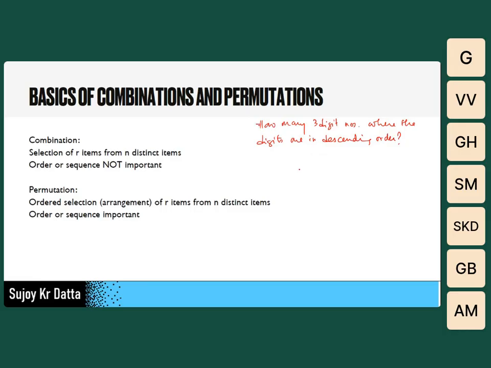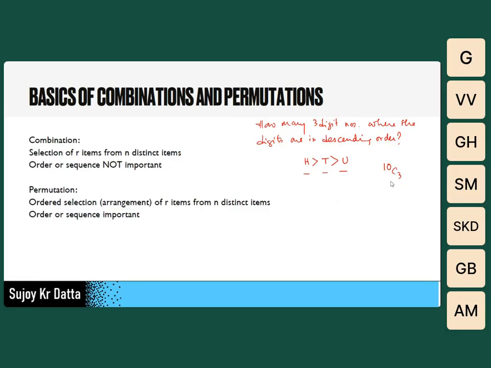So the hundreds digit is greater than the tens, greater than the units, we need the 3 digits. So what's it going to be? There are 10 options, right? 10 possible digits, 0 to 9. Just select any 3, 10C3. That's it.